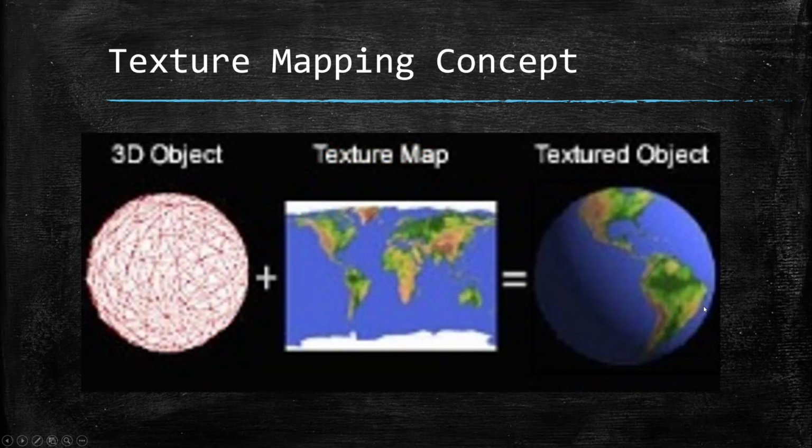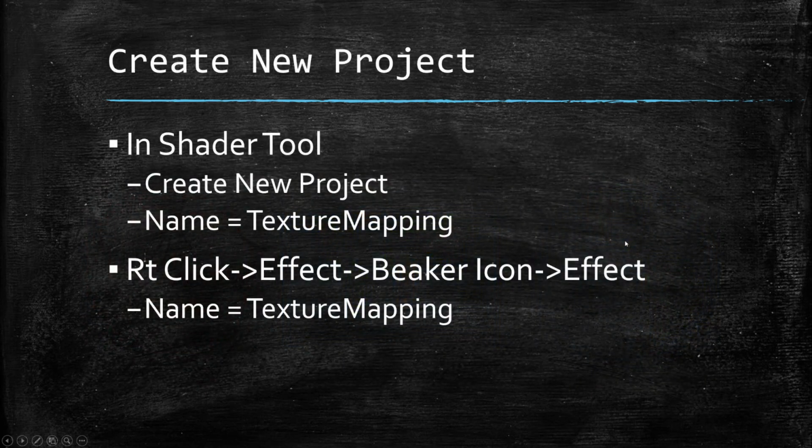Or it could be wrapped around an object, like, for example, this 3D object has 3D texture coordinates wrapped around it such that you get this two-dimensional map wrapped around the object to make it appear like a globe.